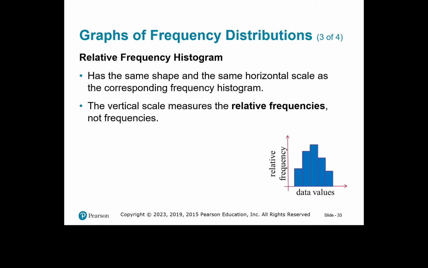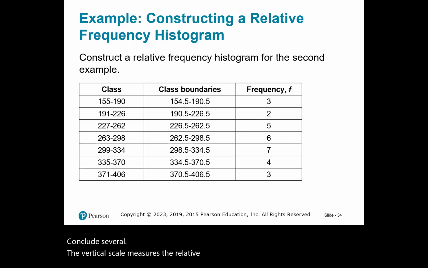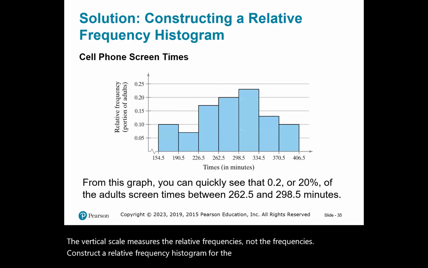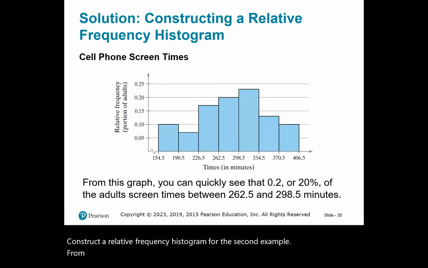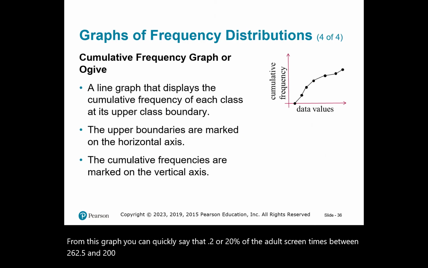The vertical scale measures the relative frequencies, not the frequencies. Construct a relative frequency histogram for the second example. From this graph, you can quickly say that 0.2 or 20% of the adult screen time is between 262.5 and 298.5 minutes.